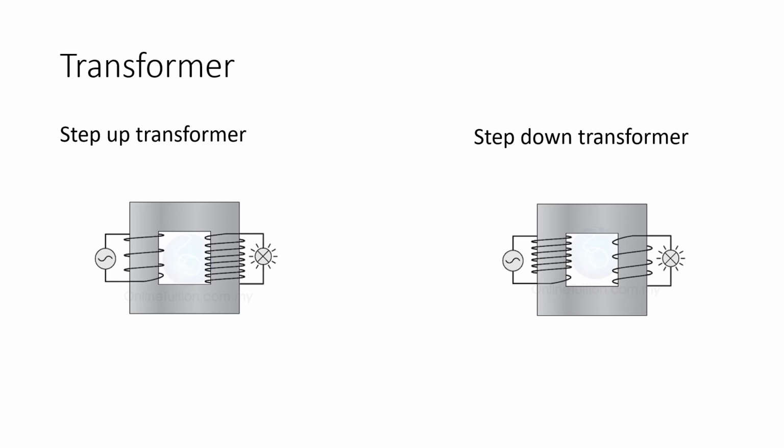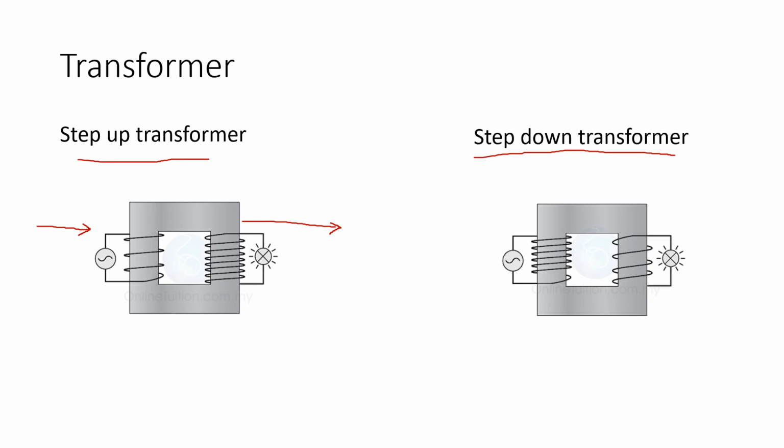Now we learn about transformer. There are two types of transformer: one is step up transformer, another one is step down transformer. Step up transformer means it receives a lower voltage and produces a higher voltage.